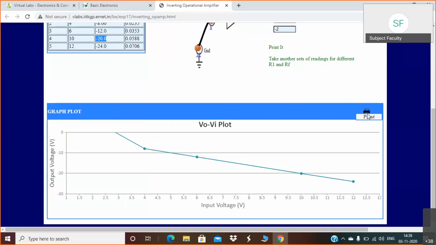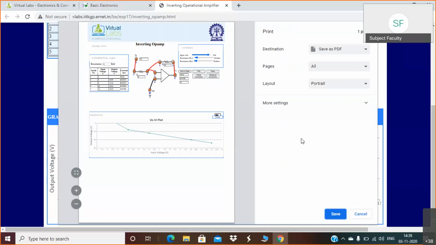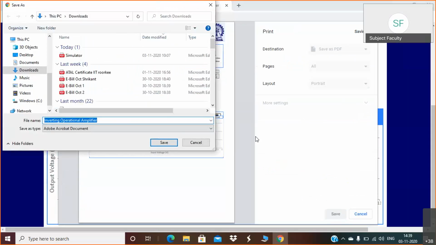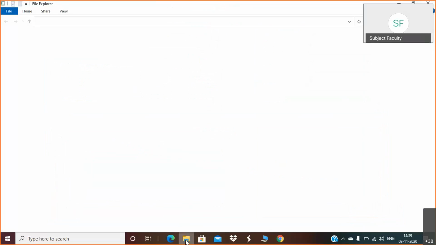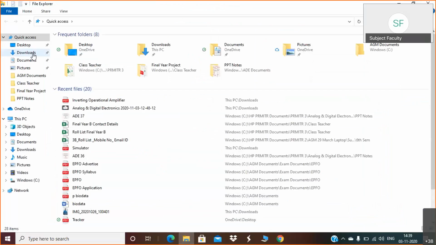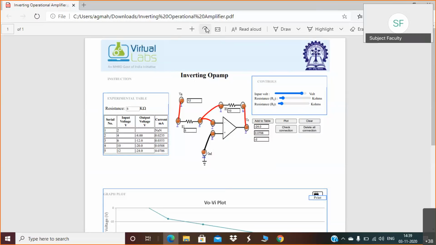Now if you want to take this particular plot, you can also take the print of it. I'm taking the print of the plot and readings, and I am saving it. Now I'm going back to the downloaded file. Here you can observe it is visible, right?